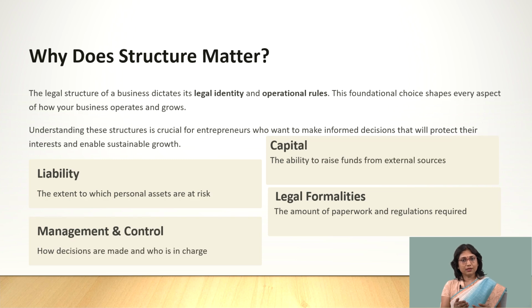If we go for, say, a partnership, there are two or more people involved, so resources also multiply accordingly. If we increase the number of people, obviously the sources of capital also increase. Then the legal formality: obviously, if it is a sole tradership, there is no legal formality required.